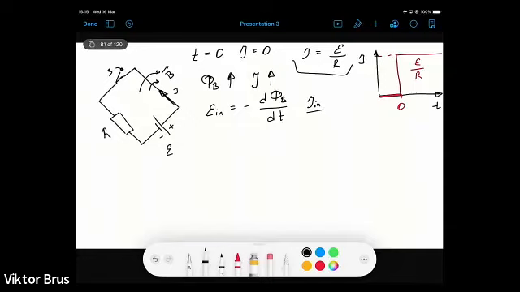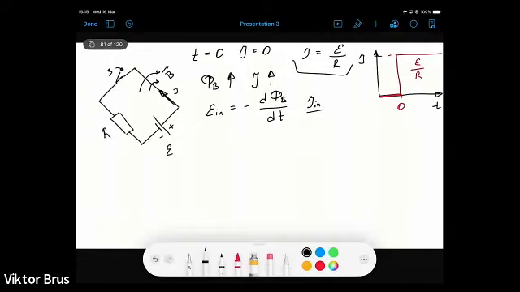So it means that the induced electric current will create a magnetic field in such a direction as to reduce the reasons which cause the initial change of magnetic field flux in this circuit.